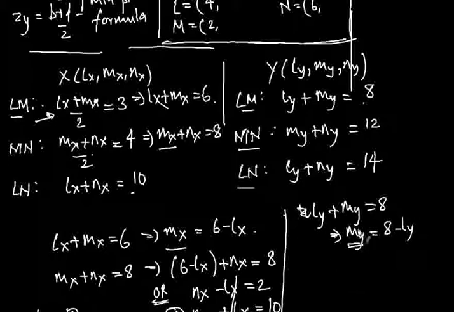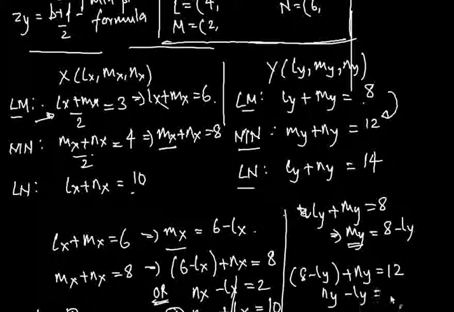Now I'm going to take this value of my and plug it in to the second equation. So that is 8 minus Ly plus ny is equal to 12, which implies that ny minus Ly is equal to 12 minus 8, which is 4, right?